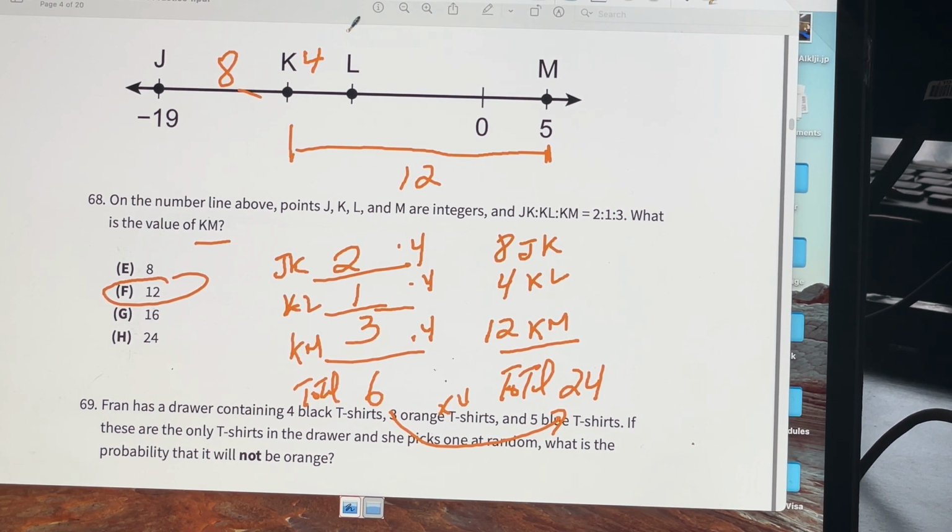Apologies, I'm going to take this back. 2, 4, hang on a second guys. 2, 4, 1 is 6, and this is 24. Sorry, apologies, this is not correct.